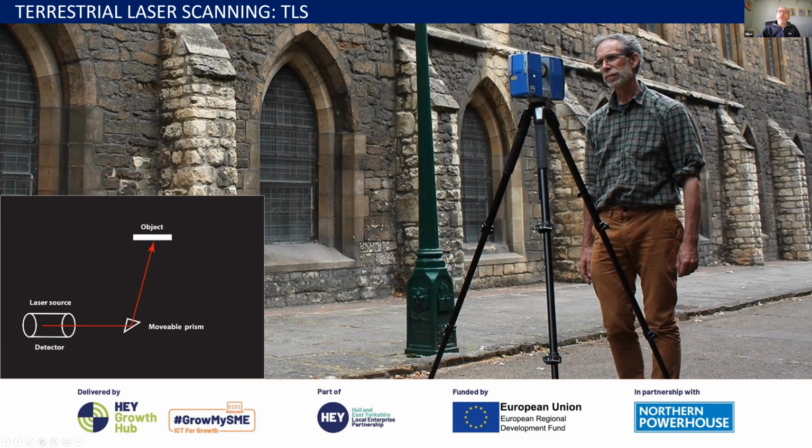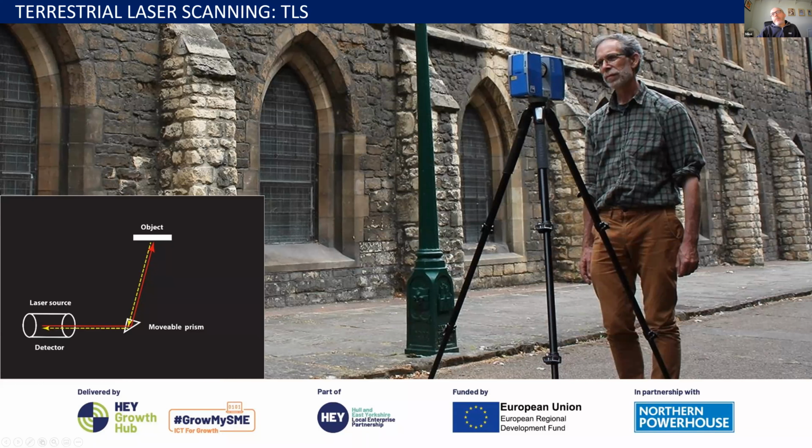But ostensibly, we're using a laser scanner where the device internally has a laser source that's bounced off a revolving mirror and it hits its object. So this box turns through 360 degrees and it also has a revolving mirror that turns it through another 360 degrees.